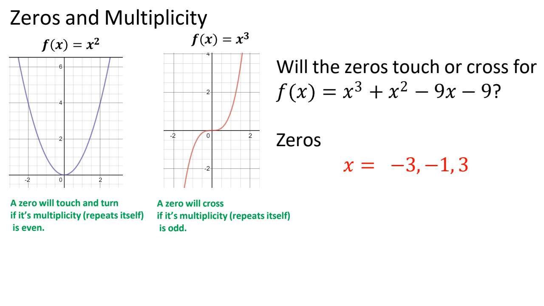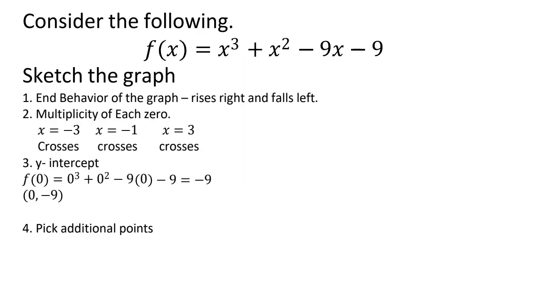So here, again, at x equals -3, it crosses, at x equals -1, it crosses, at x equals 3, it crosses the graph. Okay. Again, my y-intercept, which is what I explained already, got ahead of myself, is that y equals -9, or as an ordered pair, when x is 0, y is -9.